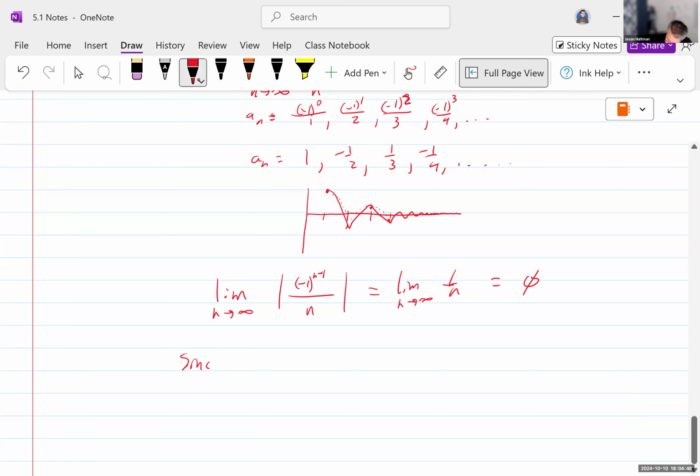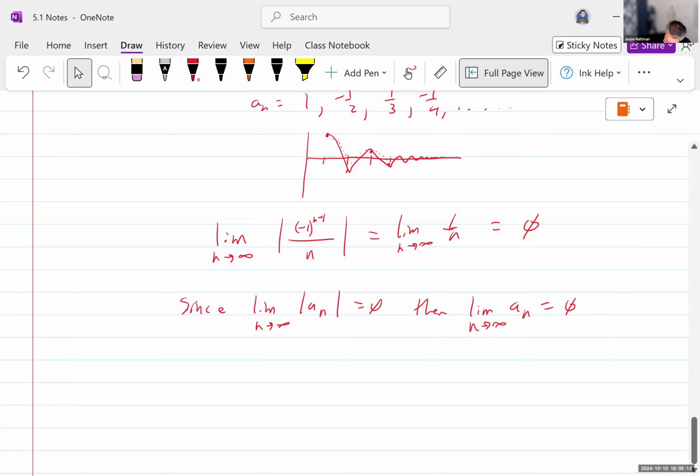So since the limit as n goes to infinity of the absolute value of a sub n equals 0, then the original alternating series or sequence limit as n goes to infinity of a sub n also equals 0.